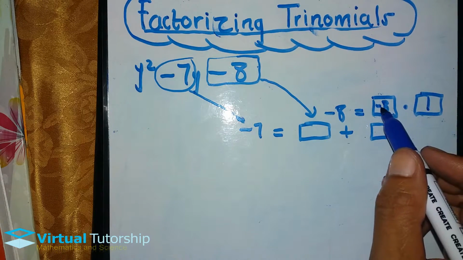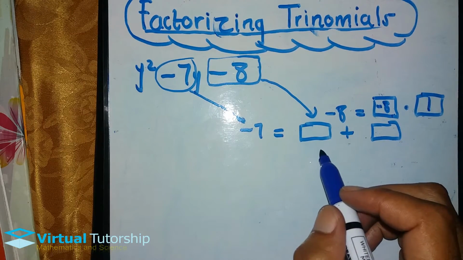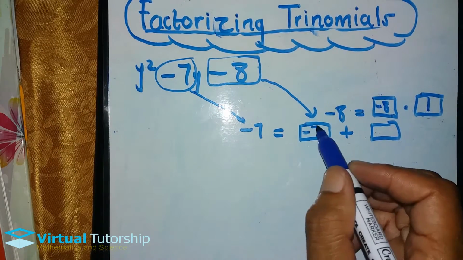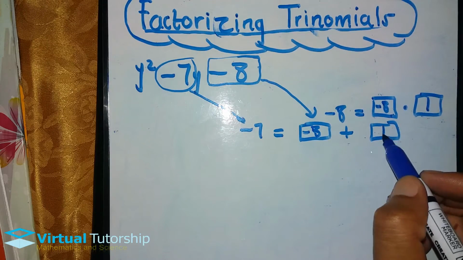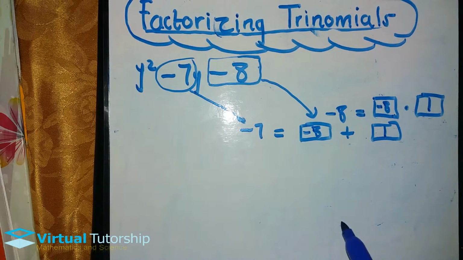Negative 8 times 1 is negative 8, and the same negative 8 plus 1 gives negative 7.